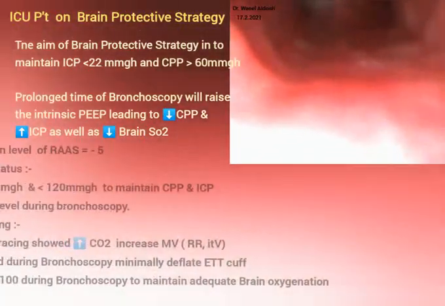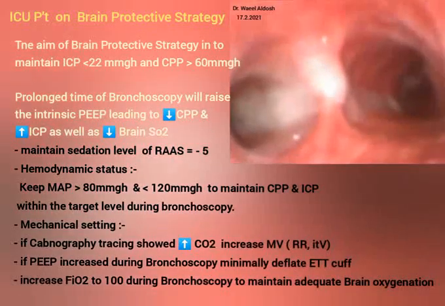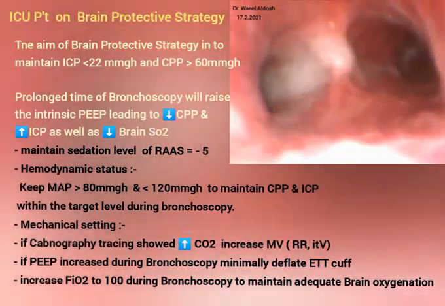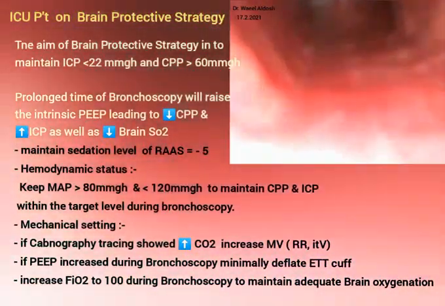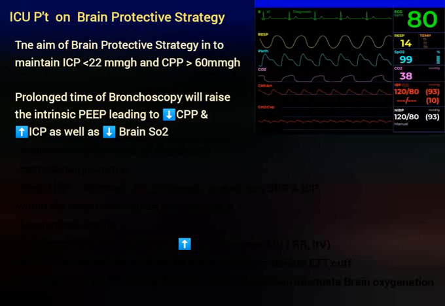Maintain the sedation level of Richmond Agitation Sedation Scale up to -5 and hemodynamic status. Keep the mean arterial pressure above 80 mm mercury and less than 120 mm mercury to maintain cerebral perfusion pressure and intracranial pressure within the target level during bronchoscopy.